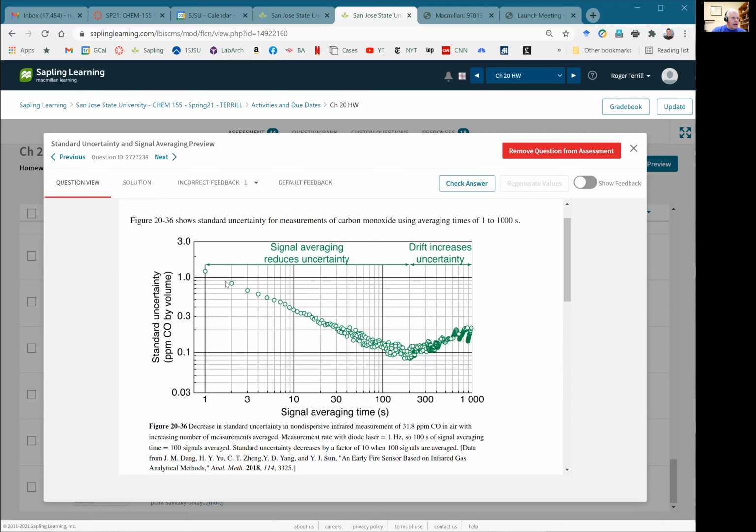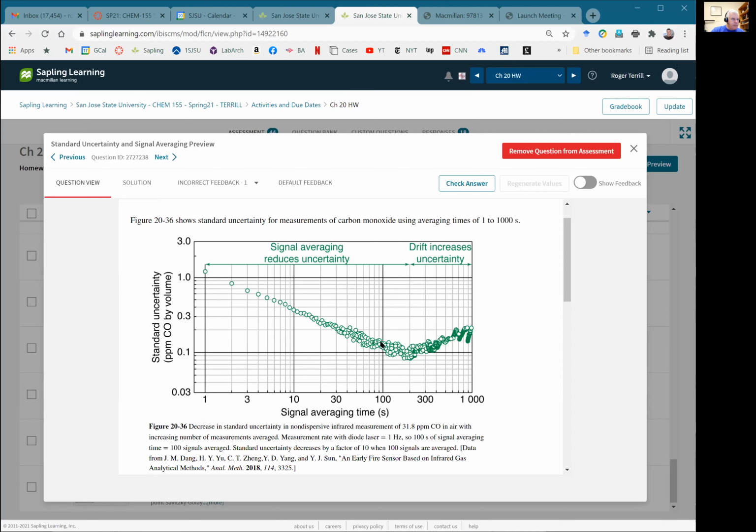Now, if you dedicate a longer time to that measurement, you can increase the signal to noise ratio from 1. Well, you can decrease the noise to signal ratio by an entire factor of 10, right? Along this line. So this is measuring for 1 second, and this is measuring for 100 seconds here.